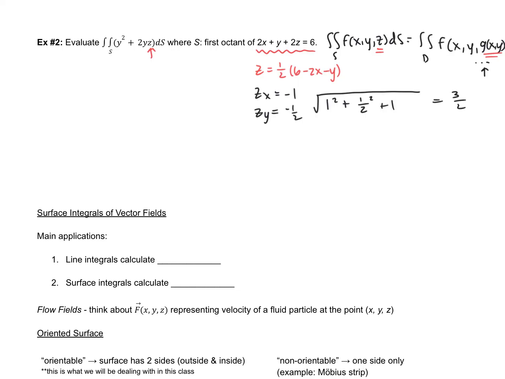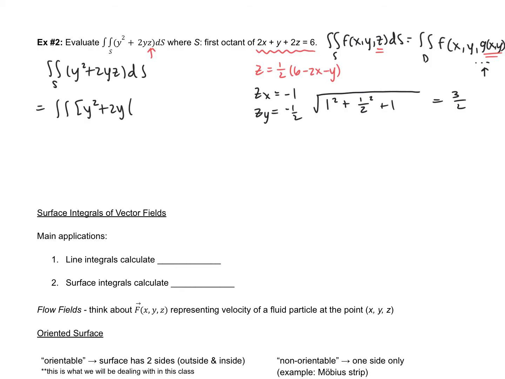So from here, our surface integral of y squared add 2yz ds is going to become a double integral, rather, of y squared add 2y.